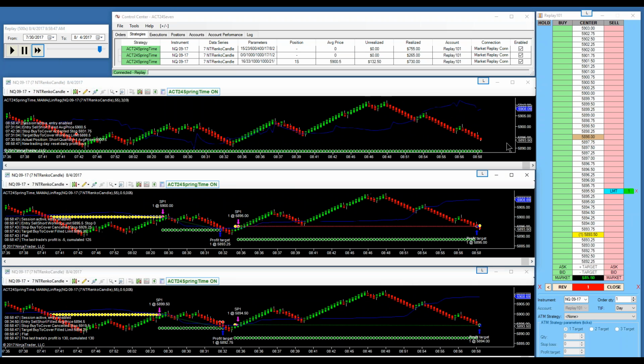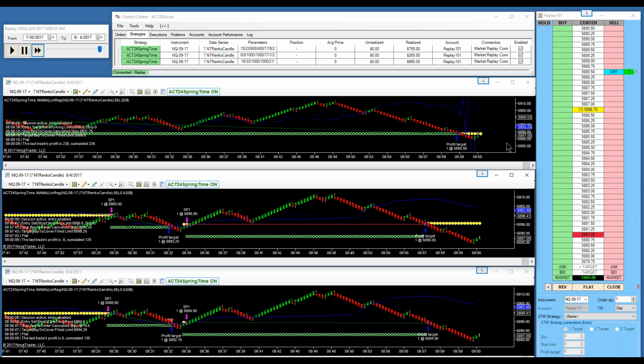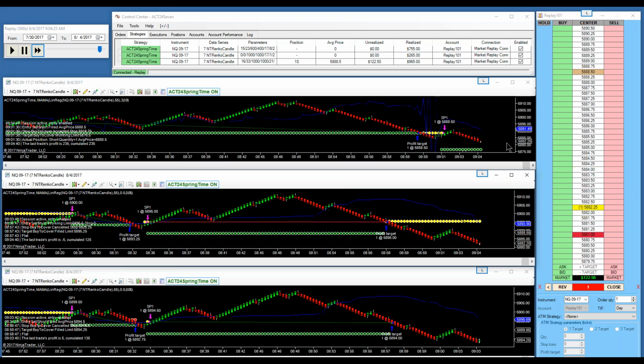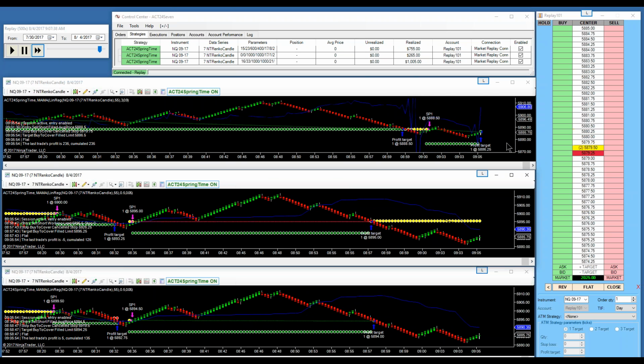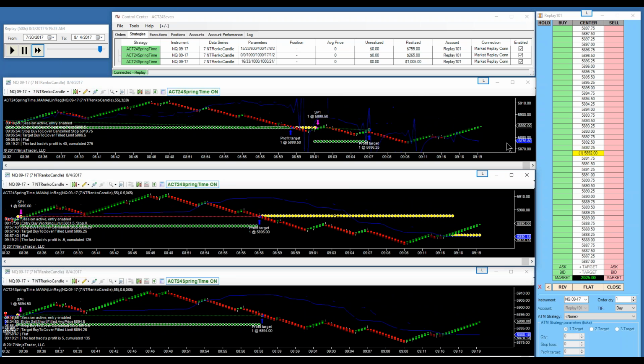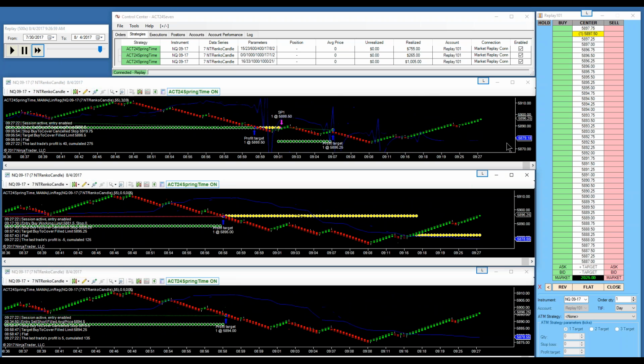Order filled. Order pending. Okay, you finally hit it. So you had one win there, and now it wants to trade again. And this time it was a break even or a small profit there.